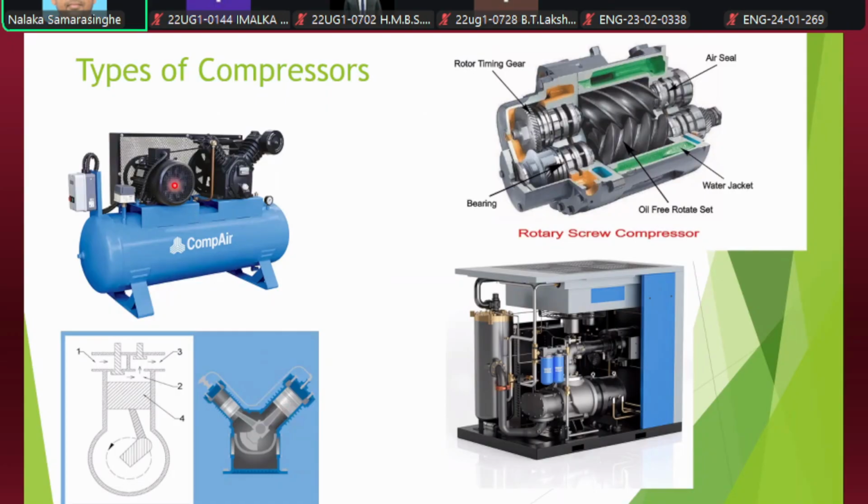Sometimes you would have seen, in the small pipe connecting these two cylinders, some cooling fins fitted onto the tube. This is usually a metal tube to which metal fins are fitted, because once you compress air in one cylinder, the temperature of the air increases.